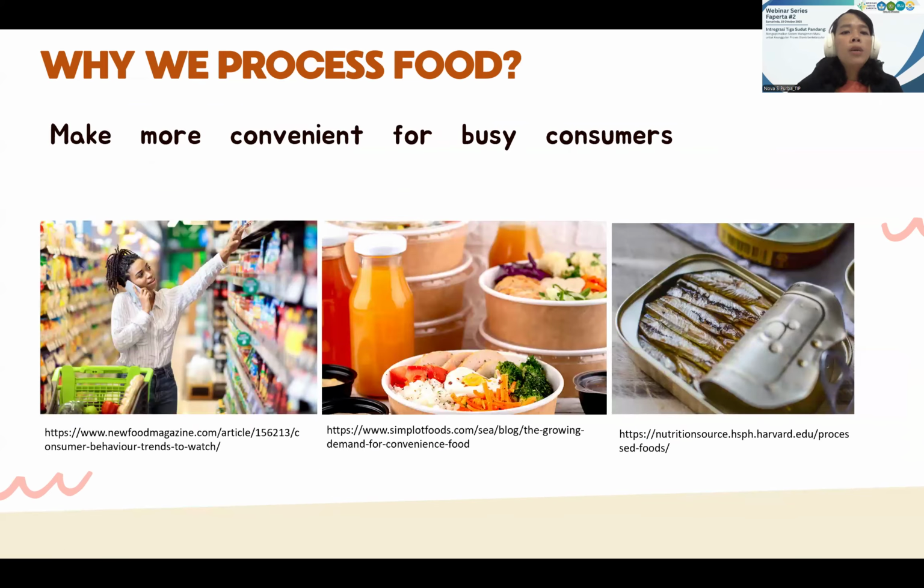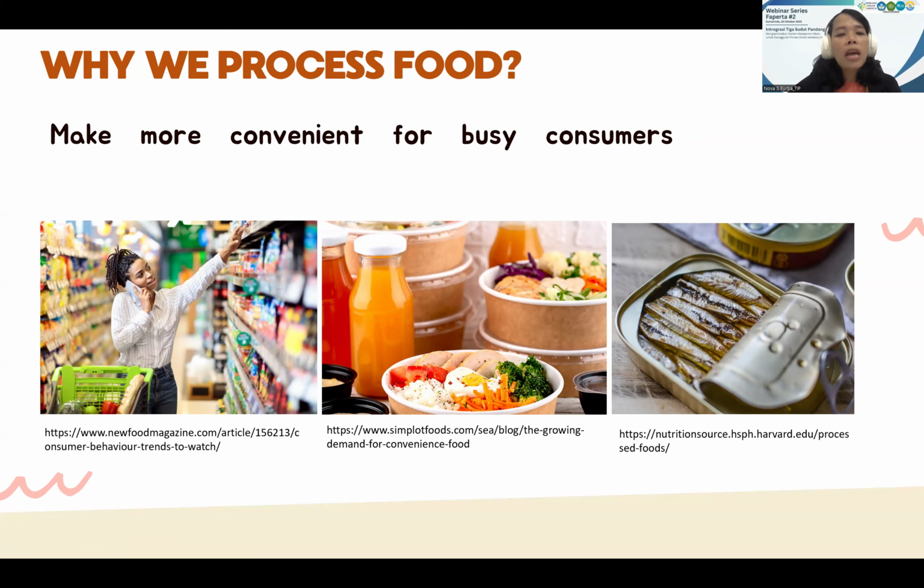And another one is making things more convenient for busy customers. Of course, in this 21st century, more people are busier and have no time to cook at home, so they just go to the grocery or the supermarket.